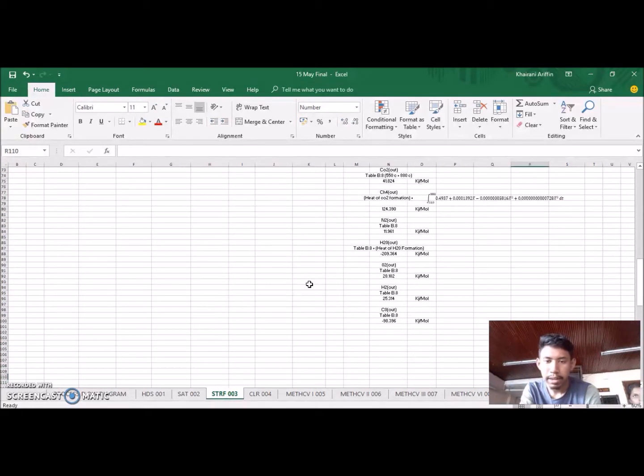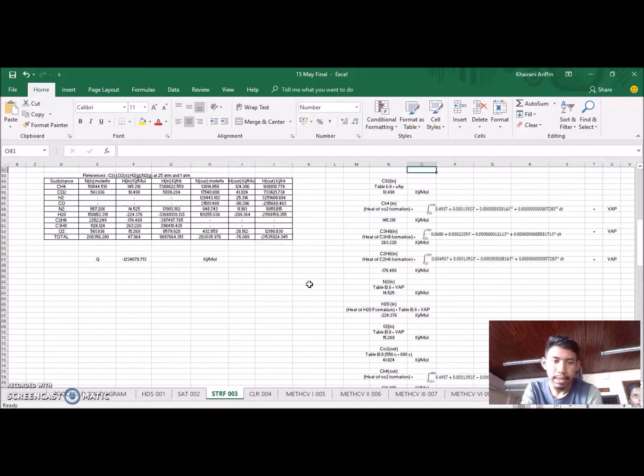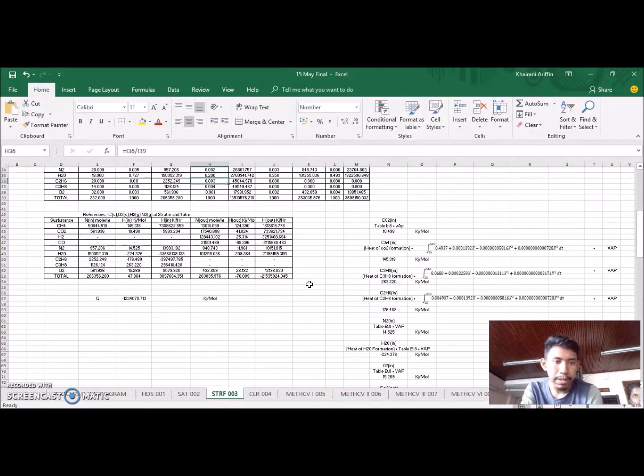You can see the calculation for each enthalpy. Then after we manage to calculate each enthalpy, we get the Q equals to negative 1234070 kilojoule per hour.